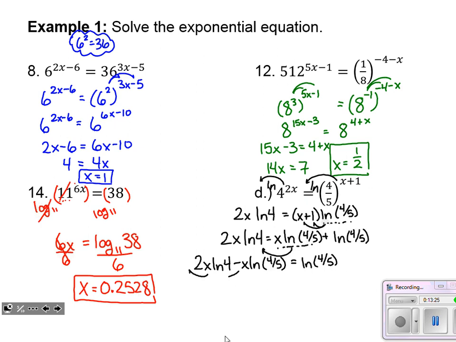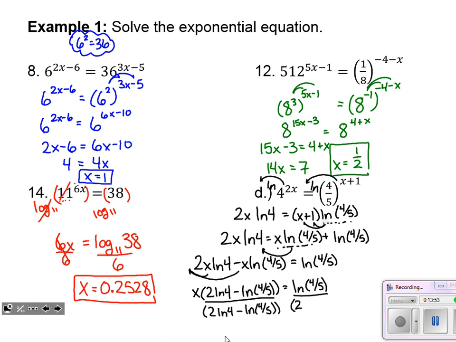Now, in order to get 1x to solve for, I can now factor it out as a GCF. x times 2 natural log 4 minus natural log of 4/5, I've factored it out, equals the natural log of 4/5 on the right. And all of this right here can be divided out. It is some number that my calculator can figure out.